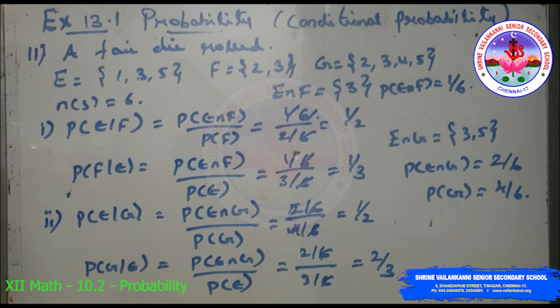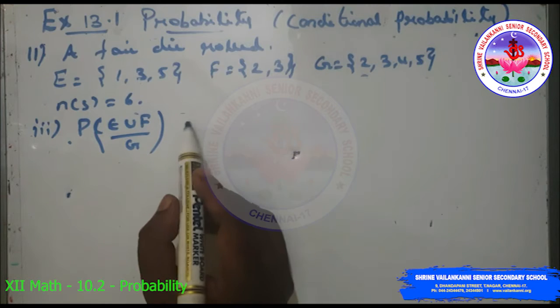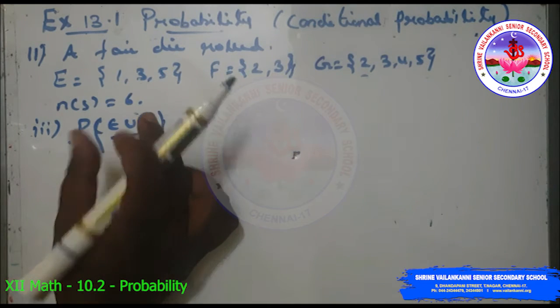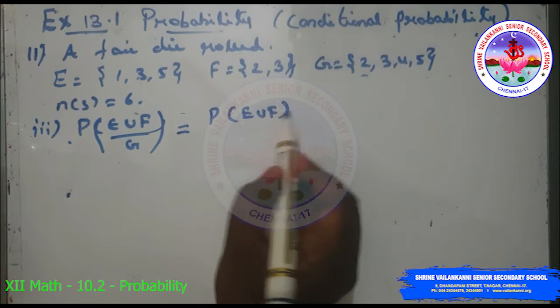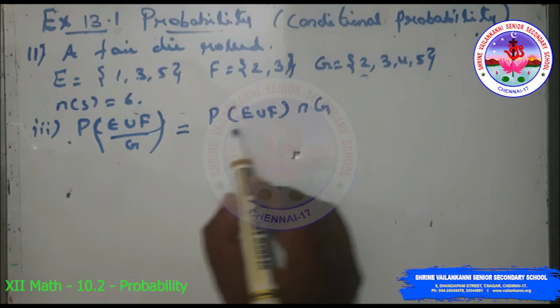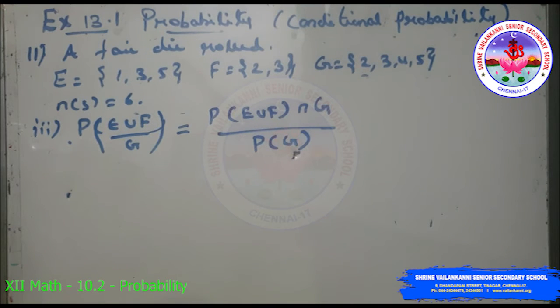Then we have to find the third part, P(E union F | G). So we can take this as P(E union F intersection G) by P(G).